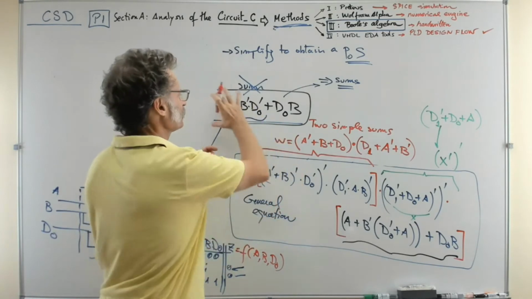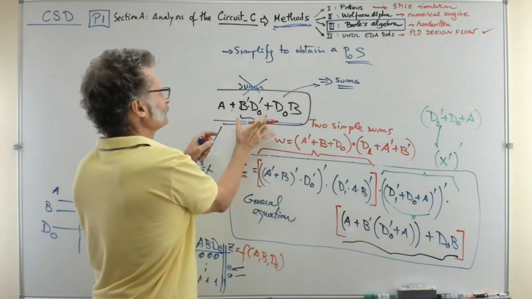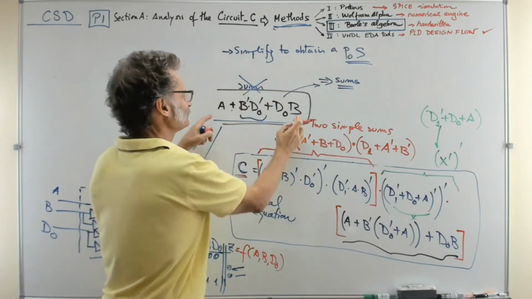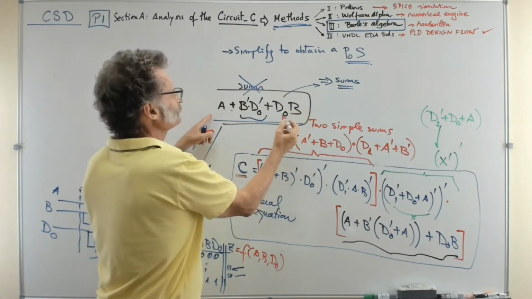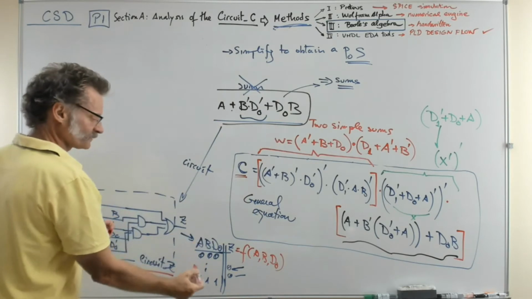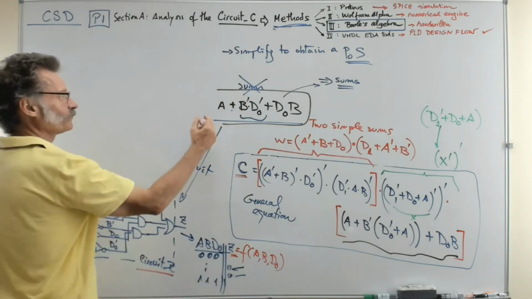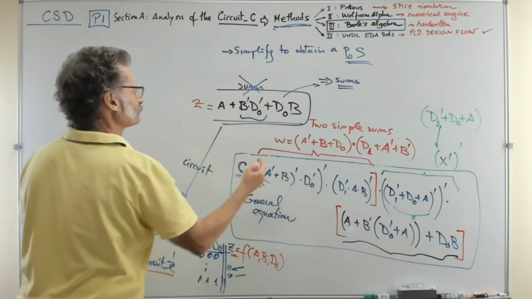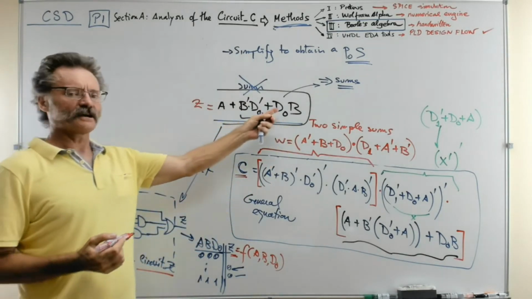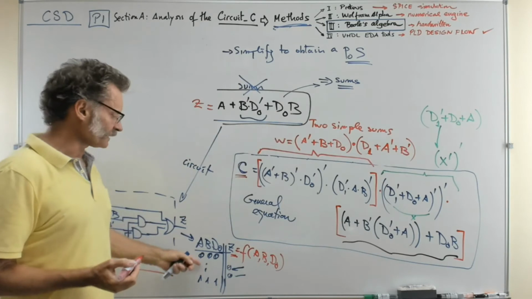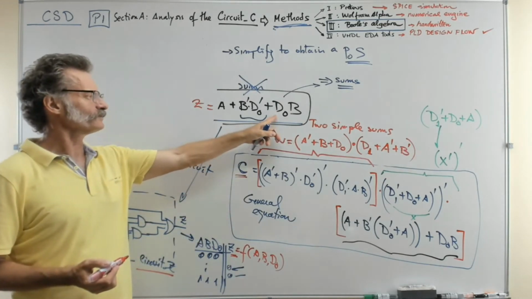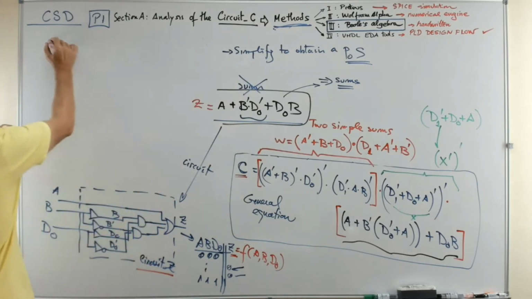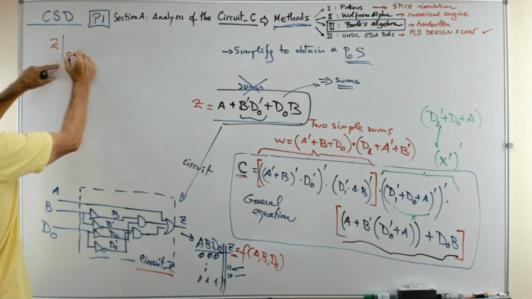This is really not the sum that you like to have, but this is, from the perspective of the Z output, a sum of products. So the only thing that you have to do here in order to get the truth table is to complete the function. Z, you see, is a sum of products.